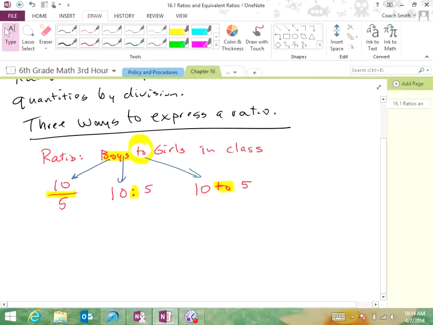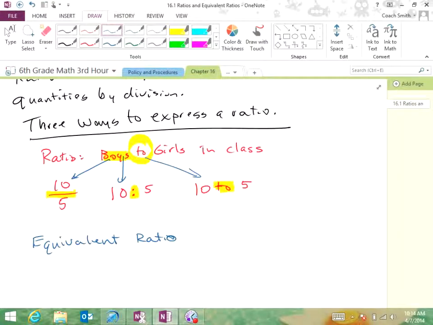Now, we can express this ratio in an equivalent ratio. Okay? An equivalent ratio for this particular ratio that we're talking about would be this. If I had 10 over 5, what does 10 over 5 reduce to? 2 over 1.